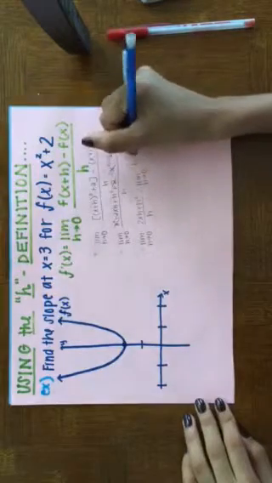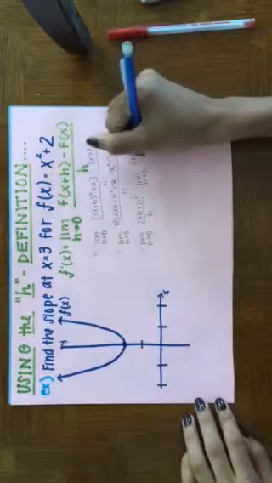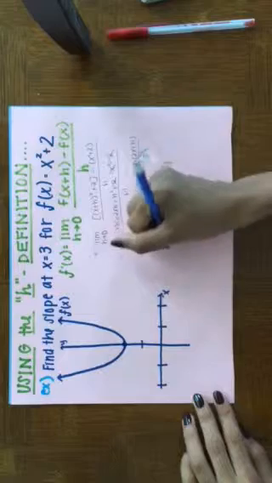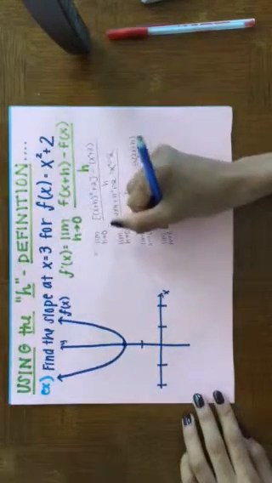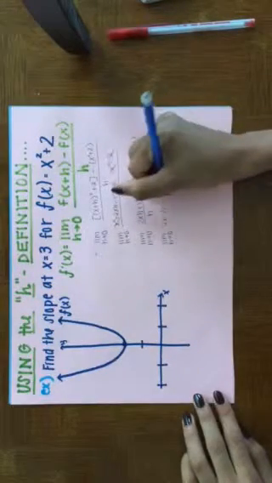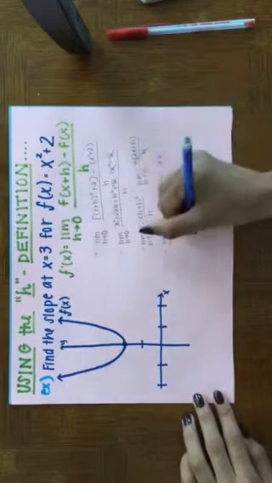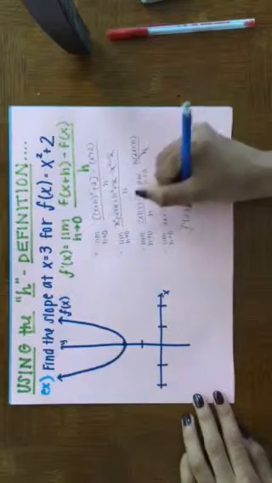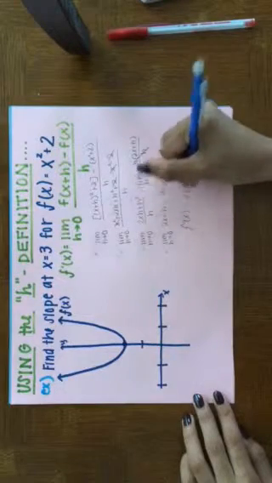So you can factor out an h from the numerator, and then the h from the numerator and the h from the denominator will cancel out, and you're left with the limit as h approaches 0 of 2x plus h, which is 2x plus 0, so you're left with just 2x. So the derivative of f of x at any point will be given by 2x.